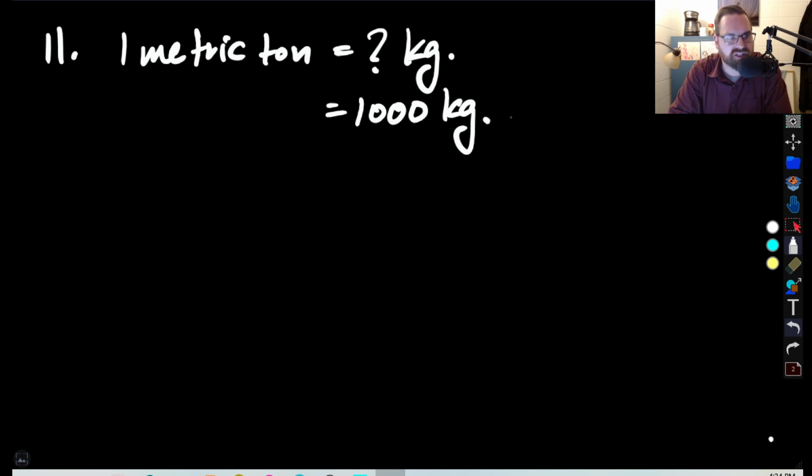Normally, when we're considering a ton in imperial units, so the ones we're most familiar with in the United States, that would be 2,000 pounds. So 1 metric ton is 1,000 kilograms. The metric system is so much easier if you think about it, because all you do is move decimal places, and it's so much simpler, honestly.